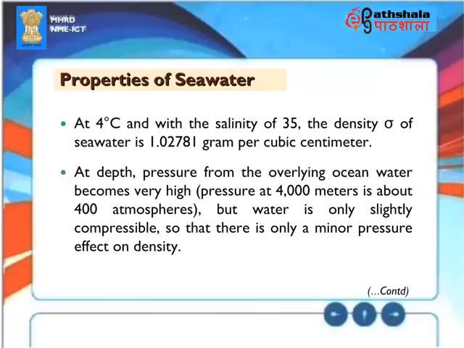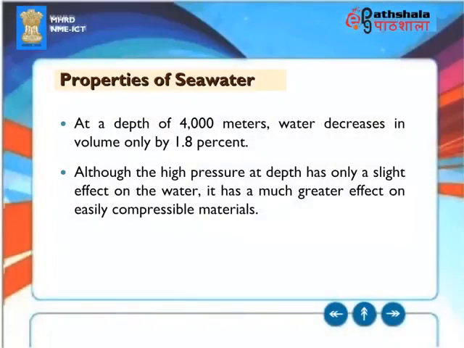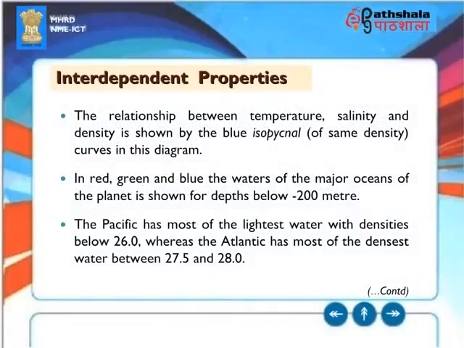Pressure at 4,000 meters is about 400 atmospheres, but water is only slightly compressible, so that there is only a minor pressure effect on density. At a depth of 4,000 meters, water decreases in volume only by 1.8%. Although the high pressure at depth has only a slight effect on the water, it has a much greater effect on easily compressible materials.